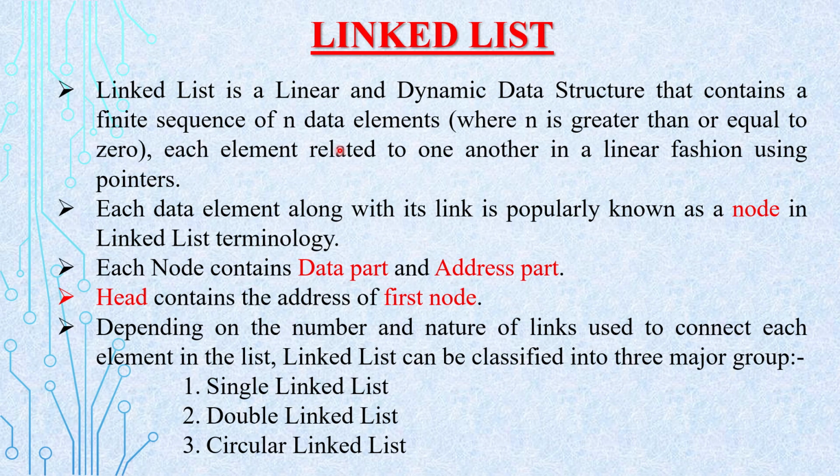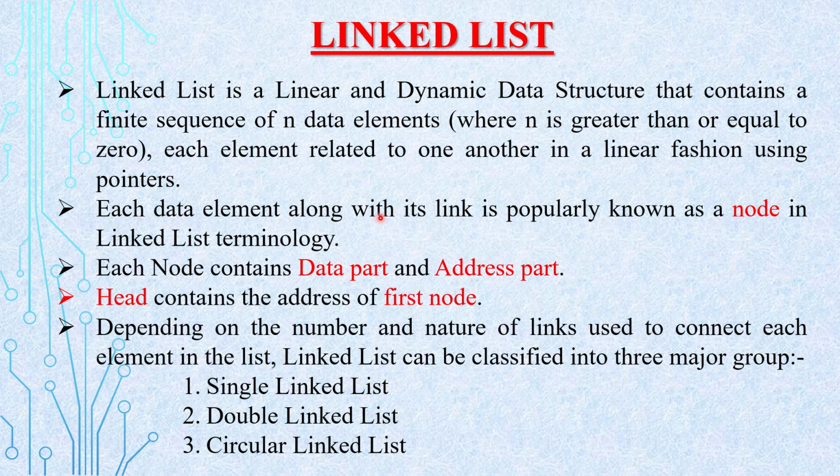अब हम लोग पढ़ेंगे लिंक लिस्ट होता क्या है। Linked list is a linear and dynamic data structure that contains a finite sequence of n data elements where n is greater than or equal to 0. Each element is related to one another in a linear fashion using pointers.